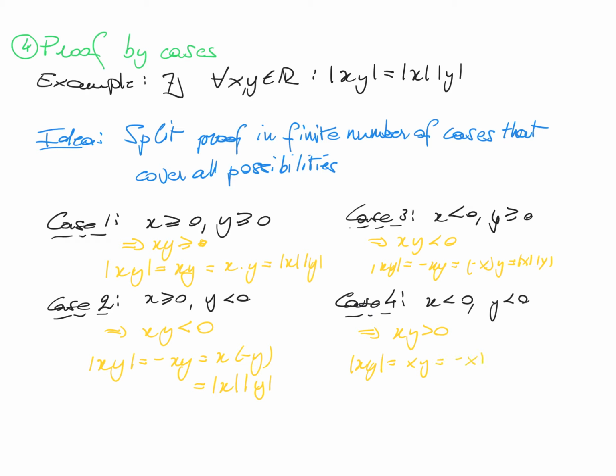This is also minus x times minus y, or the absolute value of x times the absolute value of y. And so we've shown for all four cases that this multiplication is true, that the absolute value of x times y is equal to the absolute value of x times the absolute value of y.